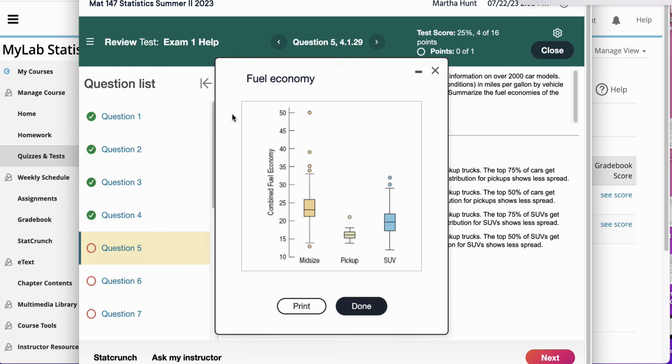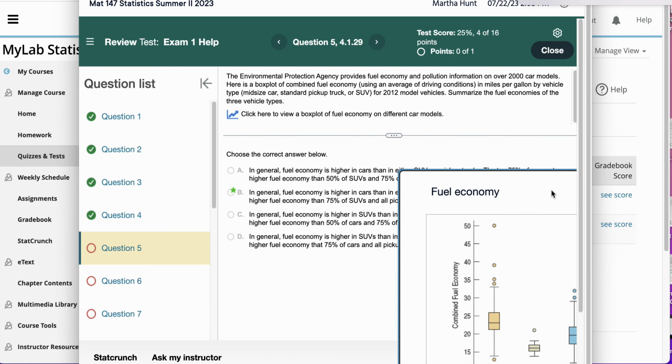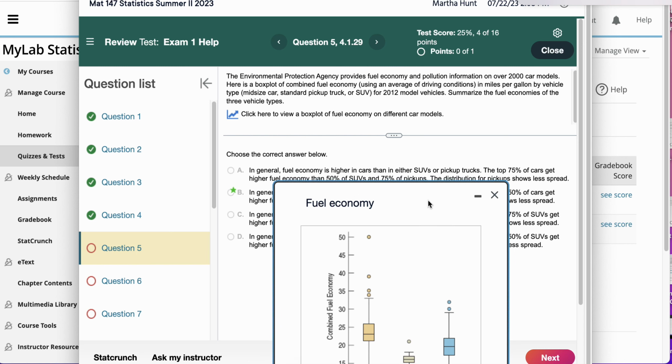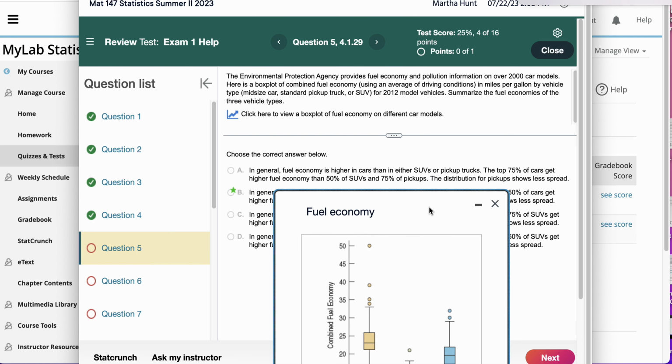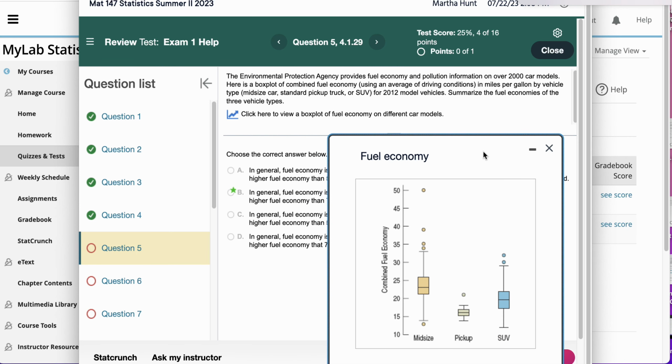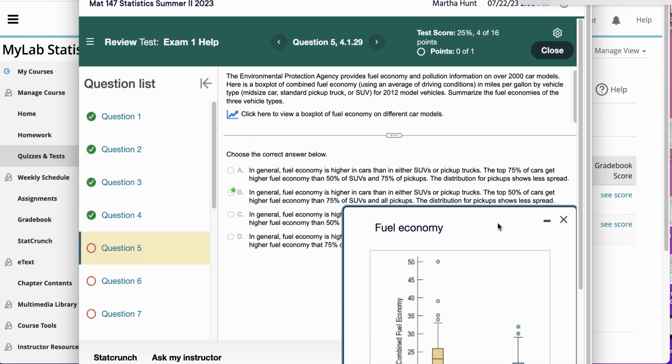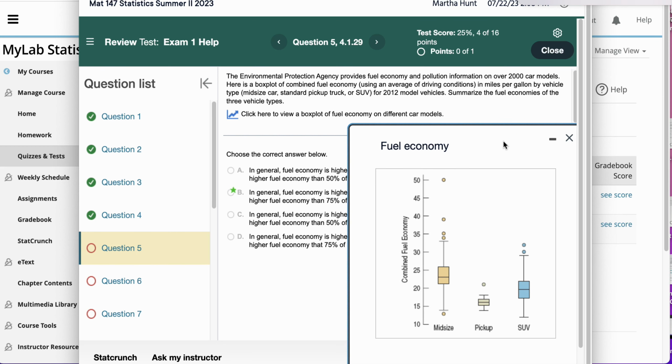So you can look at the box plots and you can see 75% of the cars get better efficiency, 50% of the SUVs. Now, 75% would be everything above this quartile here.